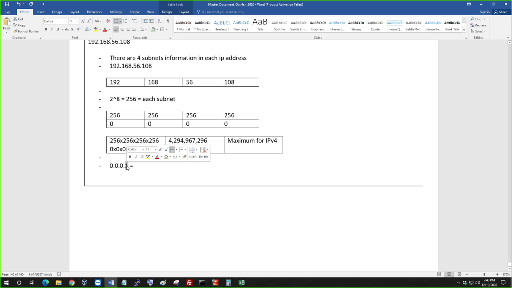If this is 1 here, 0.0.0.1, what would it be in binary?